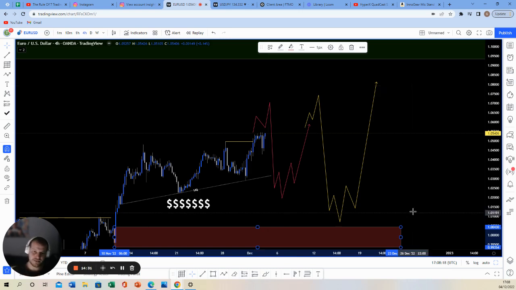So yeah, I'm expecting this to take out that trend line, take all the liquidity, and then start making higher highs. And as soon as I see higher highs, I will then drop down to the hourly and the 10-minute and look for the change of character again, and then probably enter on the 1 minute or the 10-minute, and then you can aim as high as you want.